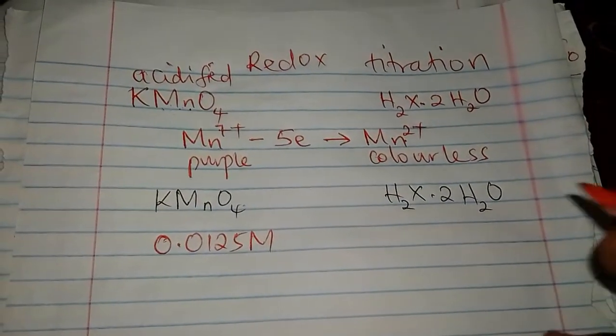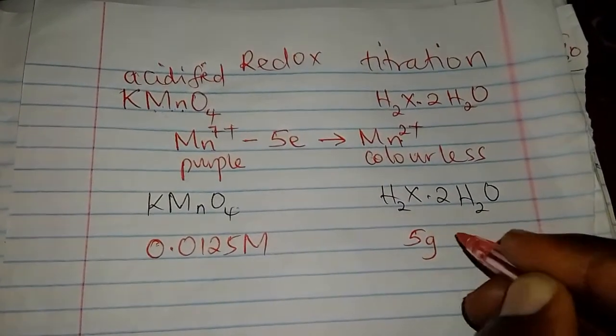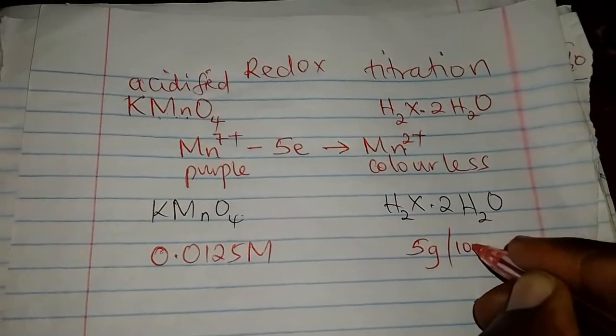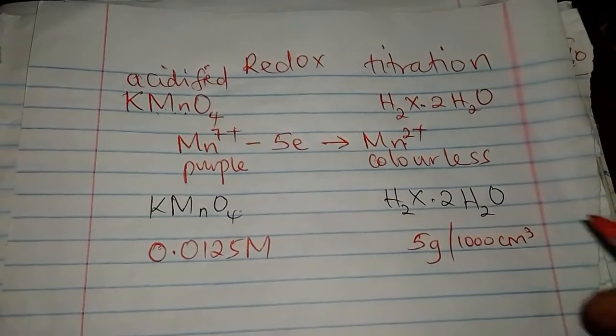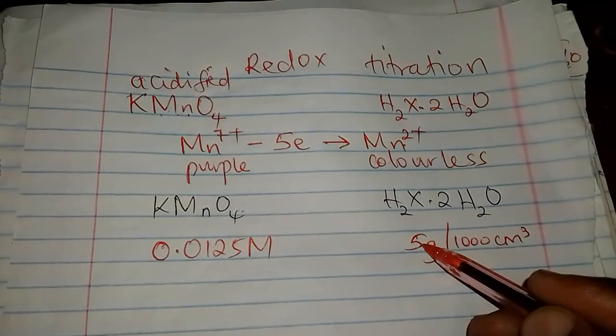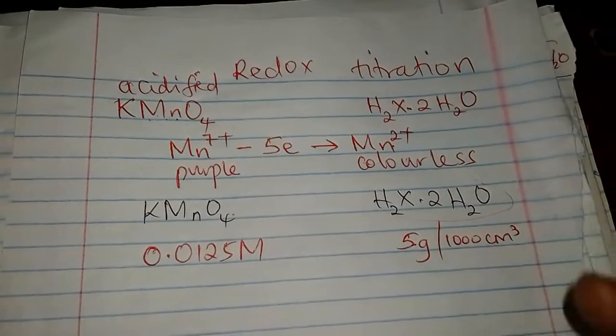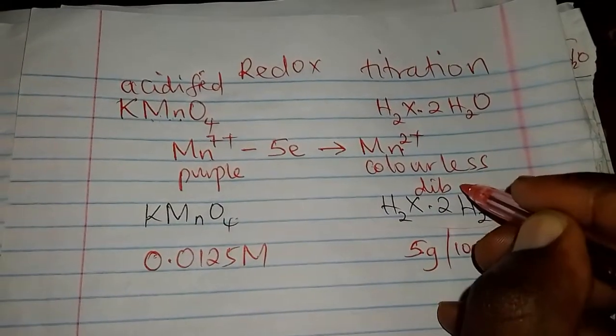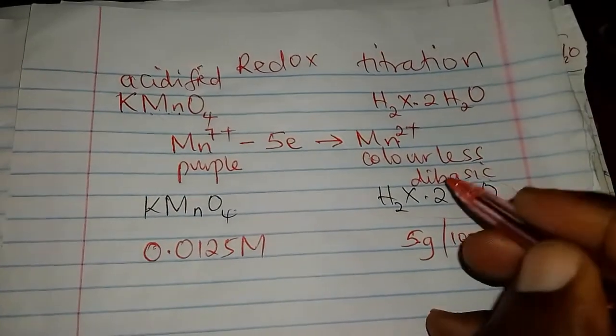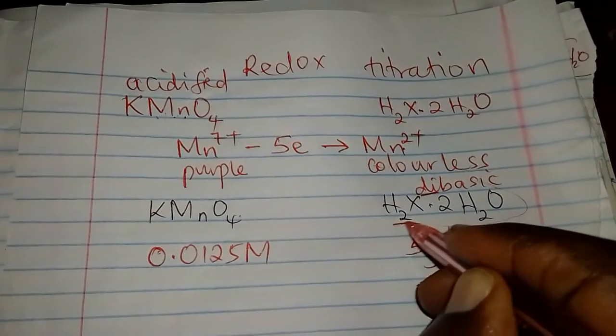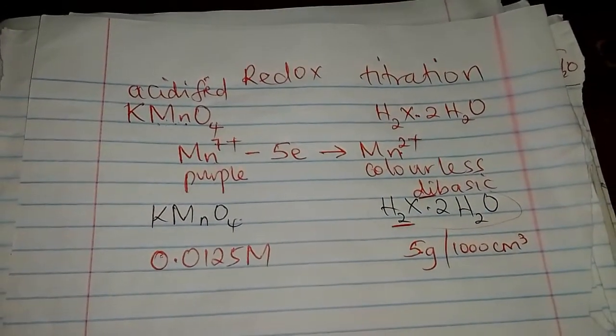I could pick 5 grams of this dibasic acid and dissolve it in 1000 centimeters cubed of solution. This is a dibasic acid. Why do I say dibasic? Di means 2, so it has 2 hydrogen atoms, so it's a dibasic acid.